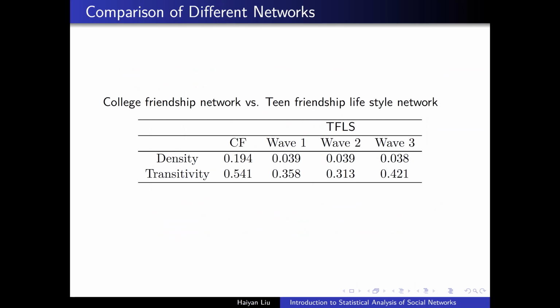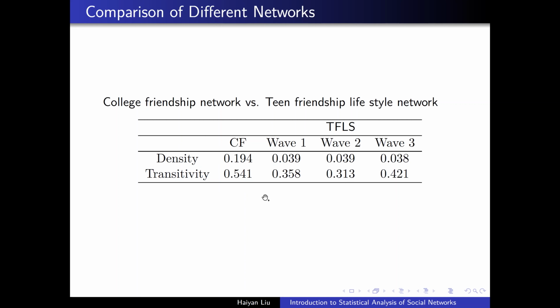Now, here is a comparison of the network density and the network transitivity of the college friendship network and the team friendship network. Regarding the density, the college friendship network has a density of around 20%. However, the team friendship network is quite low compared to the college friendship network.